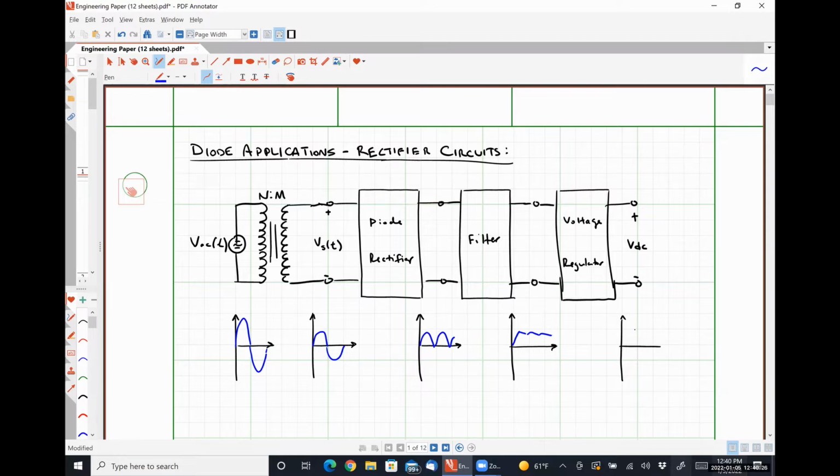And then finally, our voltage regulator, we observed when we were working with developing our small signal model for diodes. And if we feed an input voltage that has some reasonably large AC component to it into our voltage regulator, we saw that our voltage regulator did a very good job of keeping the output voltage effectively at a constant DC level.